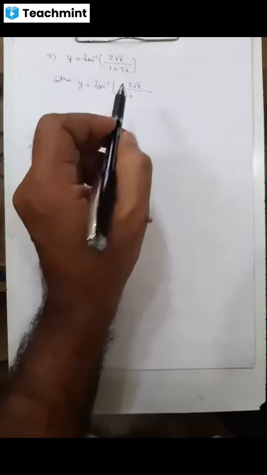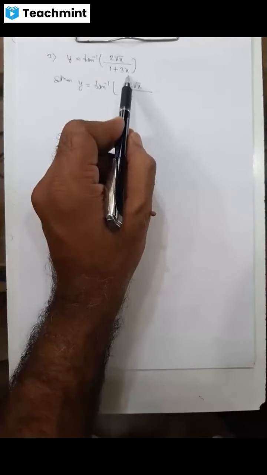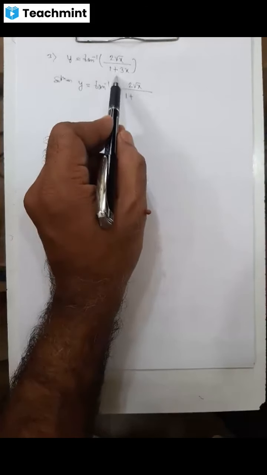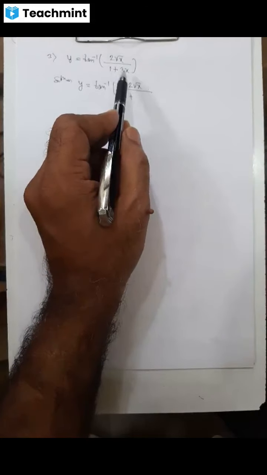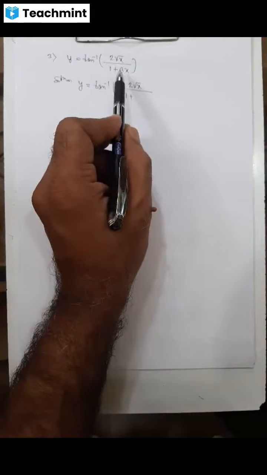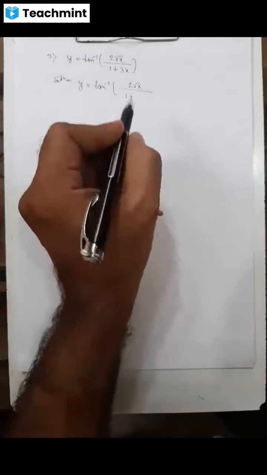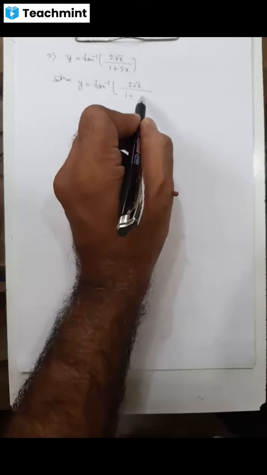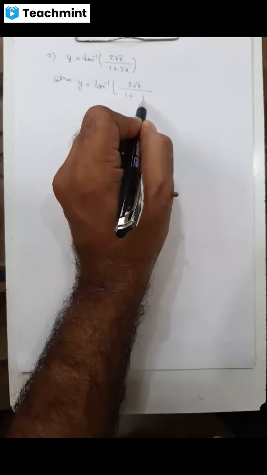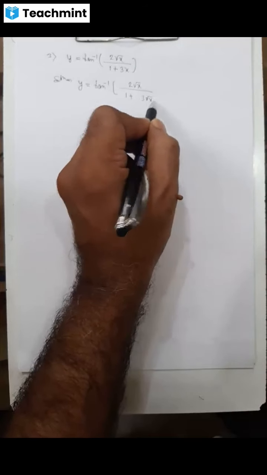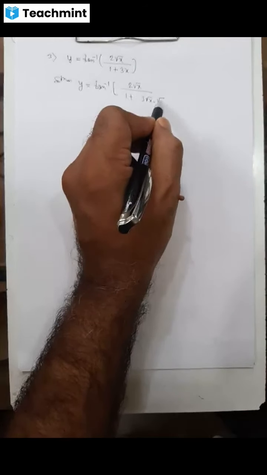Note that we have to factorize 3x such that their difference must be 2 root x. Plus sign in denominator means minus sign must be in numerator. So we have to write 3x in terms of this 2 root x. How can we write? 3 root x into root x.